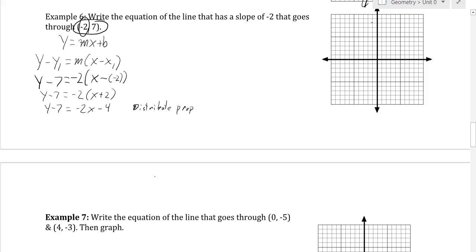That's property of equality, adding 7 to both sides. Y equals -2x plus 3. Our b is 3. Our slope is -2, which is -2 over 1.